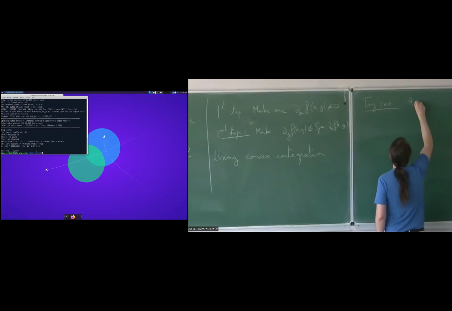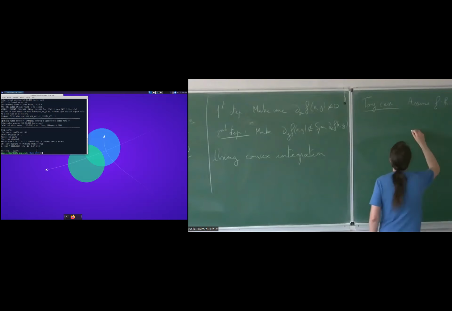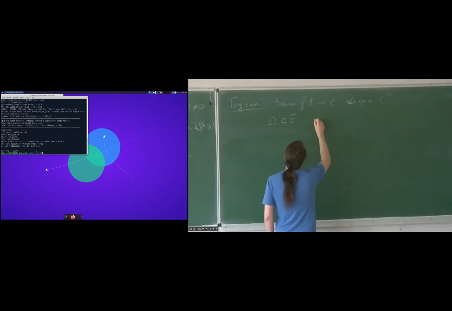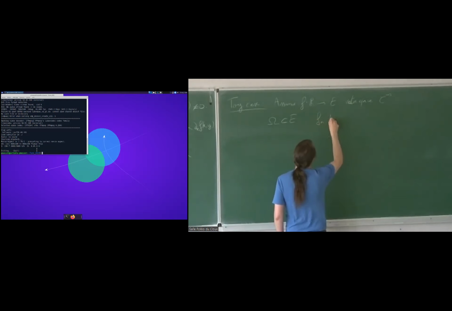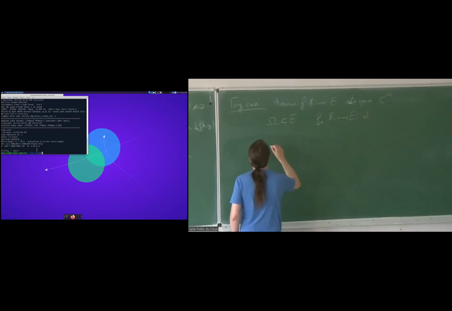Assume I have that f is a function on the real numbers with values in some vector space, and it is smooth, a C-infinity function. Assume I've got a subset omega in E, and a sequence of functions Fn such that two conditions are satisfied.